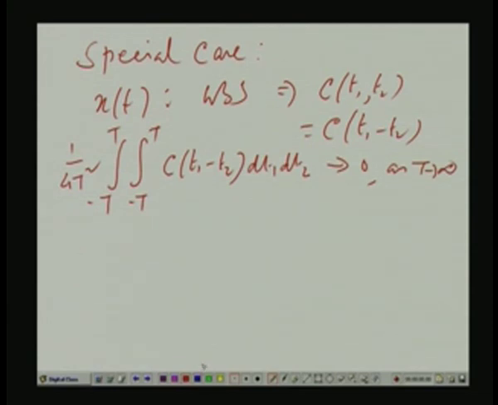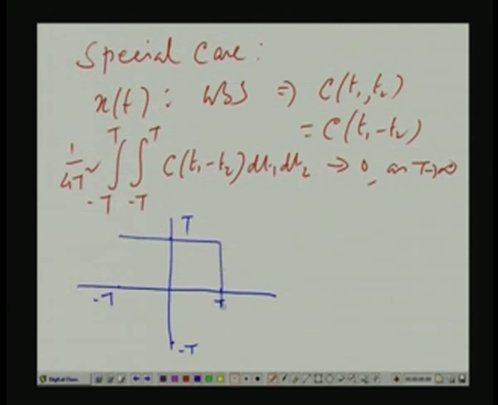What does it imply? Let us see how to carry out the integral. Maybe I am not sure, we have done this exercise earlier. This is a double integral within this box.